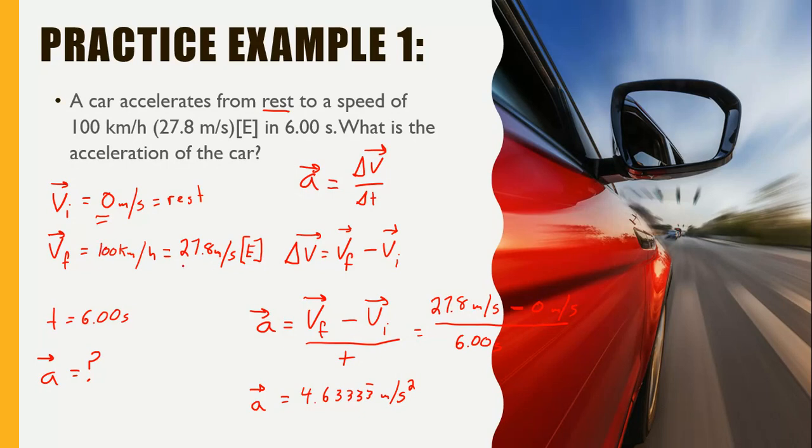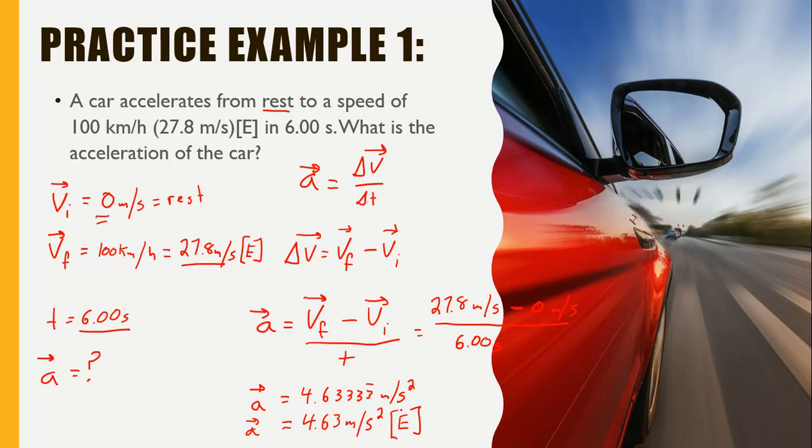Okay, so 27.8, 3 significant digits, 6.00, 3 significant digits, so my answer should also be in 3 sig digs. And I'm also missing something else here, you guys. What am I missing? I am missing the direction. Because acceleration is a vector, I have to say that this is accelerating to the east.